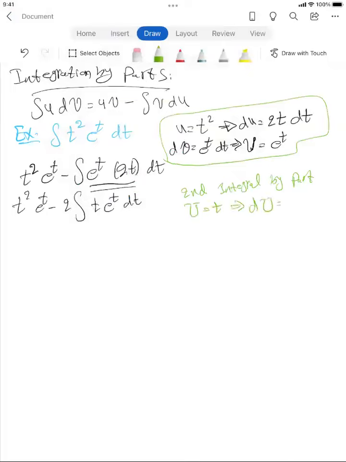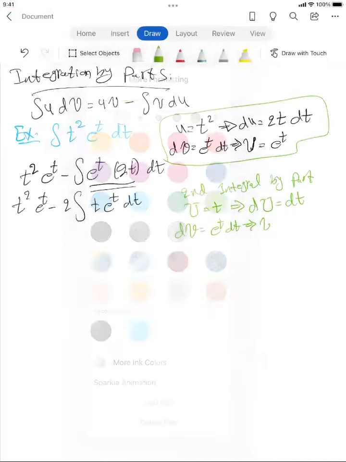Then dU equals dt. And dV equals e to the t dt. Then I should have used capital V here.